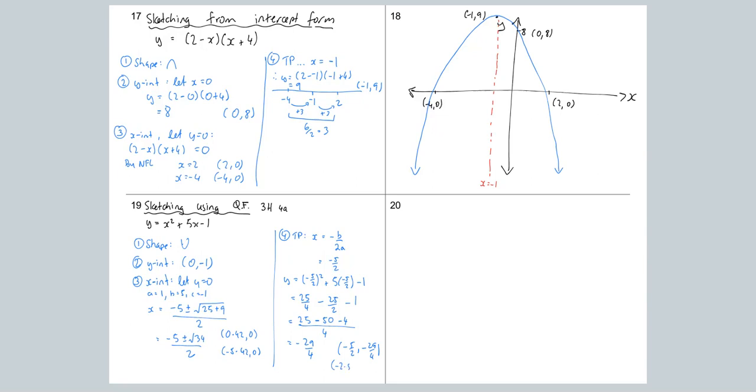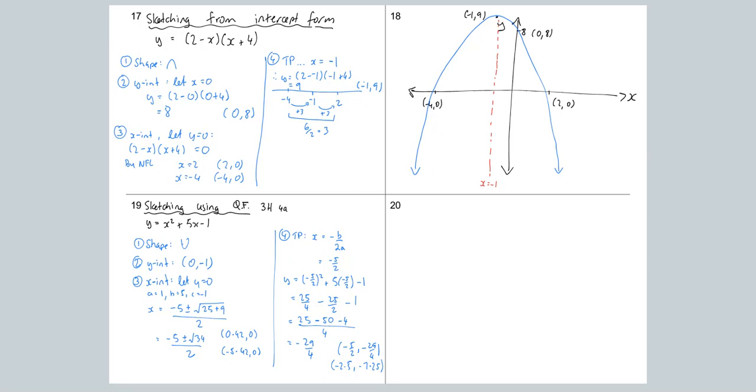Or if you like, negative 2.5 and 29 divided by 4. I could probably have done this in my head faster than I'm doing it here, is negative 7.25. Okay, so that's all the critical values worked out.